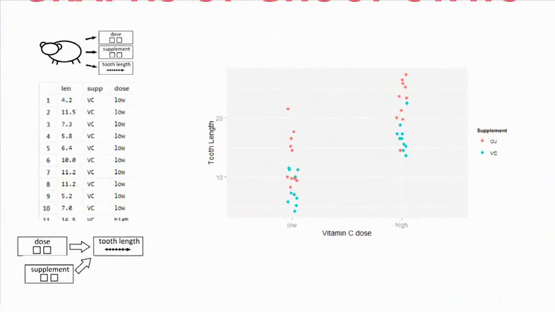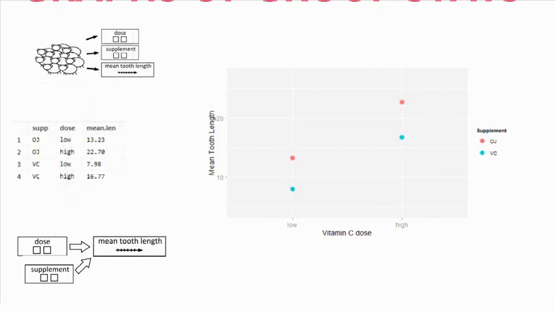So here's my guinea pigs. Instead of thinking about individual guinea pigs, I could think about groups of guinea pigs. So I have a group of 10 guinea pigs, and about the whole group I could write down what dose of vitamin C they had, and what kind of supplement they had, and the mean tooth length.